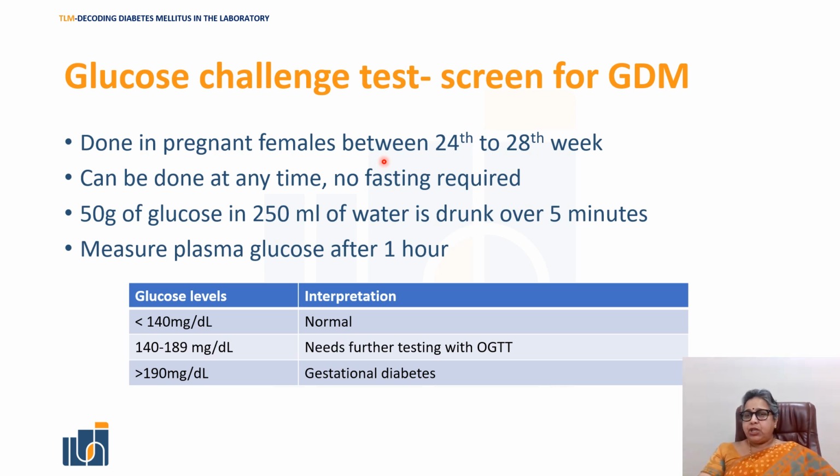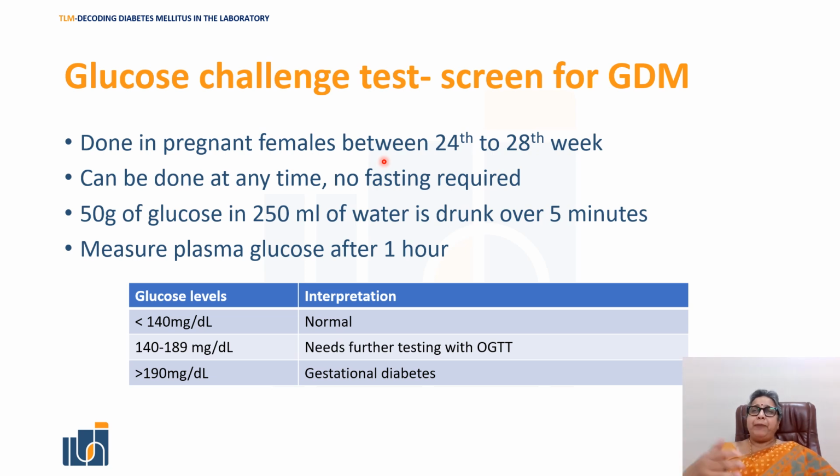Any time that she comes to see her gynecologist, she can be advised to do this test. And all pregnant women need to be screened between the 24th to 28th week, which is the second trimester, because that is the time that gestational diabetes usually presents and it needs to be evaluated.